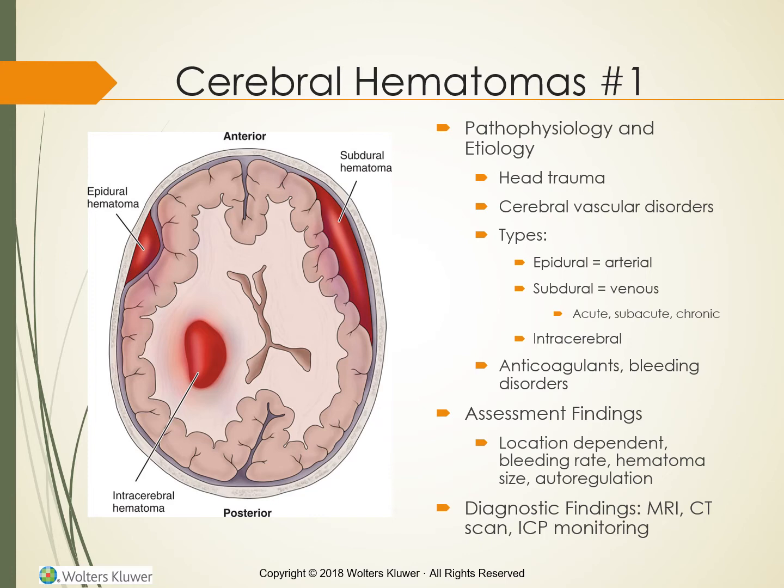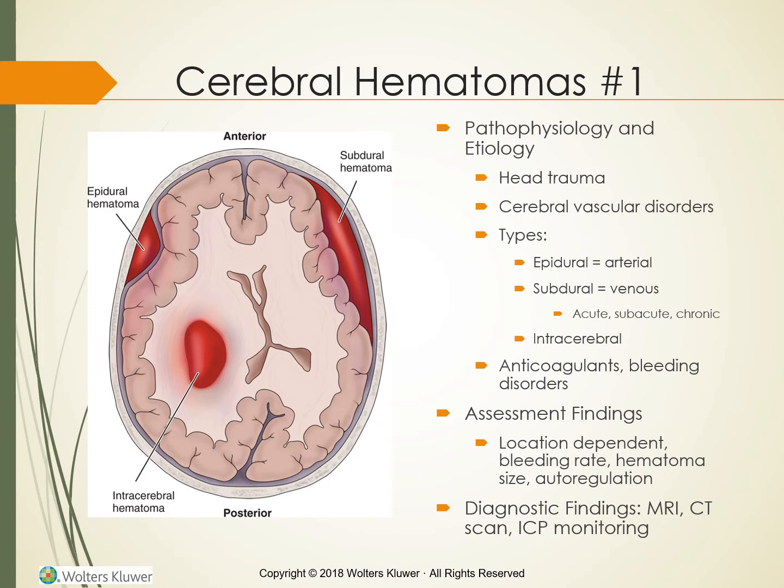We can do MRI and CT scans, which will show densities that indicate the location of the hematoma and shifts in the cerebral tissue. What we really want to do is monitor intracranial pressure and provide direct and continuous data for evaluating whether the lesion is expanding and responding to treatment.